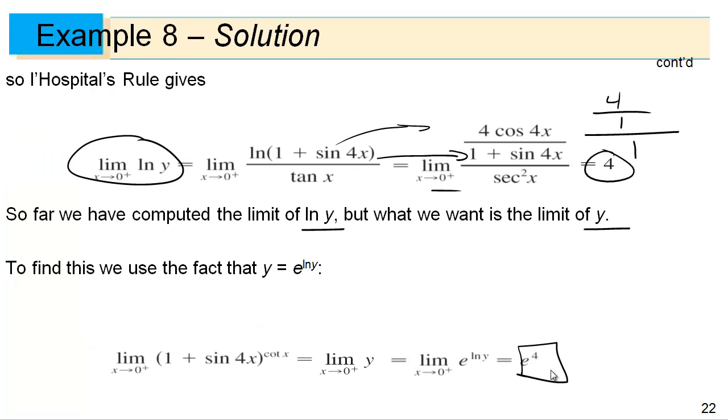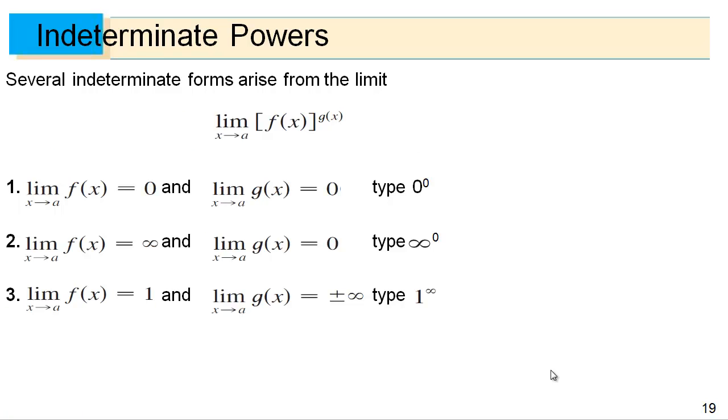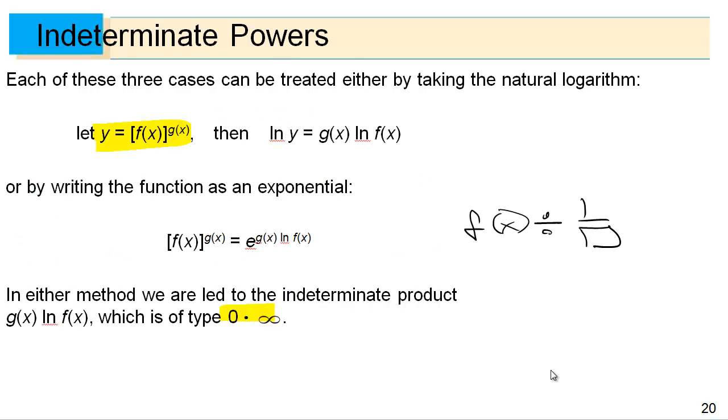Okay, so what are the steps involved when we have a function to a function? Well, just like anything else, you plug your number in, see what happens. If you get one of these 3 forms, then you know you can do L'Hopital's. But before you do L'Hopital's, you have to unravel that exponential, that power thing that's going on.